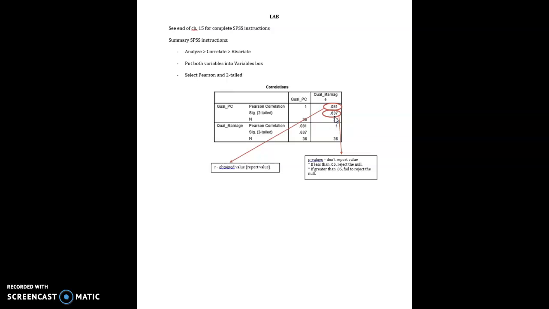If the p-value is greater than 0.05, we fail to reject or accept the null and say that there is not a statistically significant correlation between the two variables. So this one, this 0.637, the p-value is greater than 0.05, so we conclude that there's not a significant correlation between these two variables.